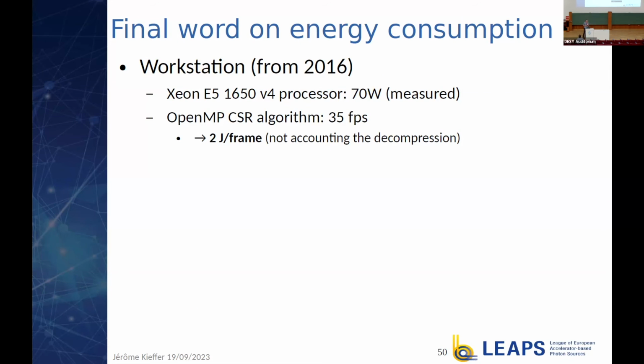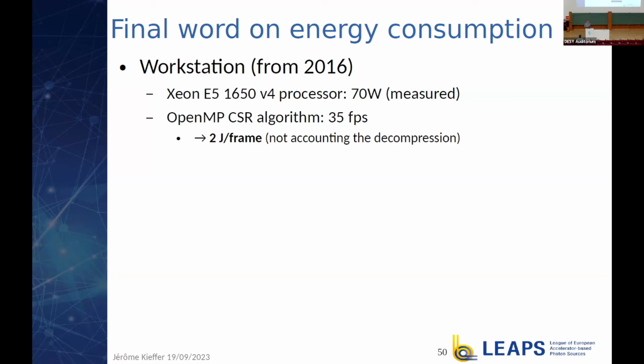A word on power consumption. I write code, but I'm also conscious that the directives I'm giving to scientists on how to process the data will influence the way they use compute resources.